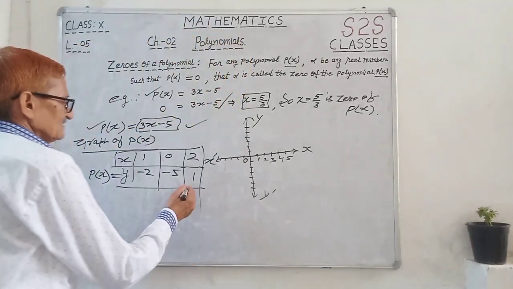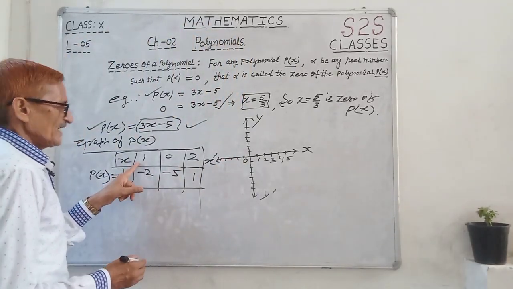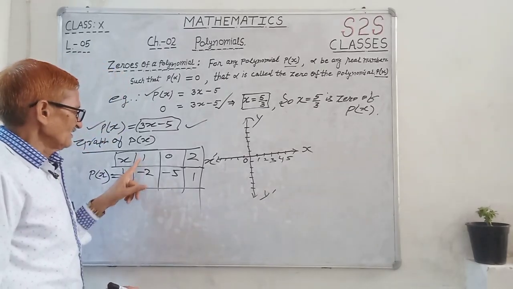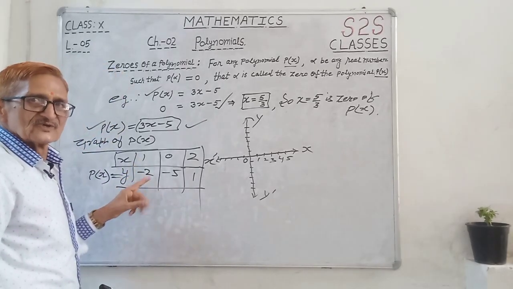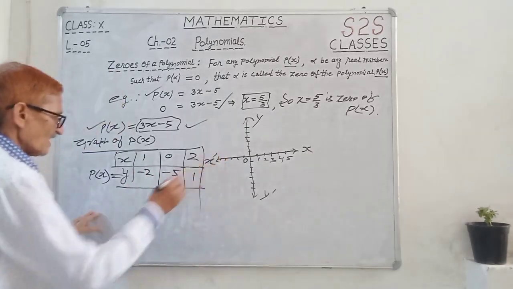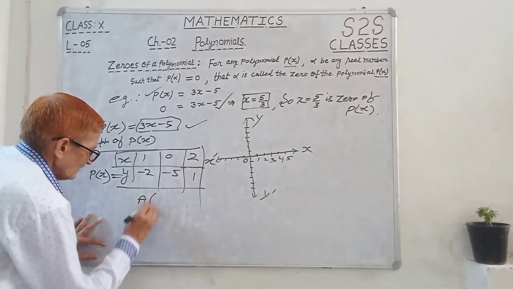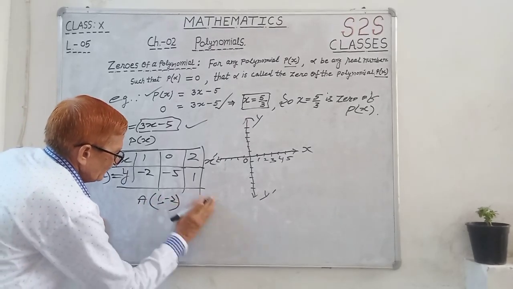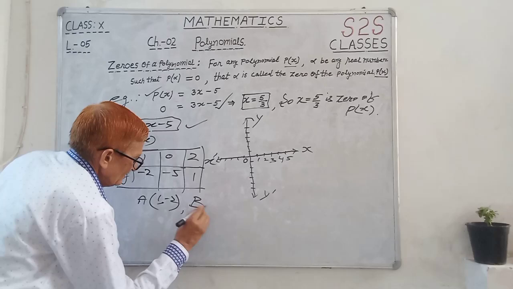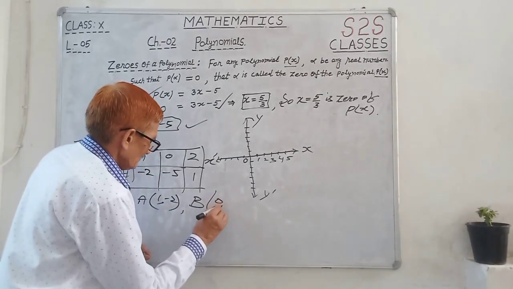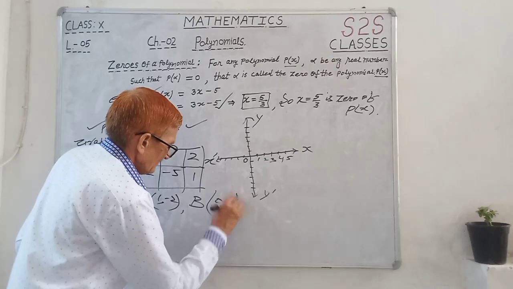Okay, like this. First point 1 comma minus 2: x coordinate 1, y coordinate minus 2. So, drawing the points on the graph. First point, let A be the coordinate 1 comma minus 2. Second point B, x comma y, 0 comma minus 5.